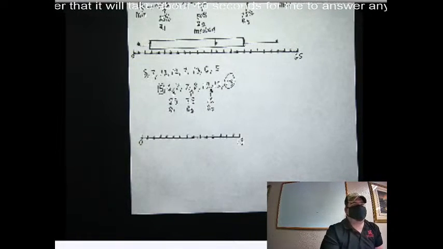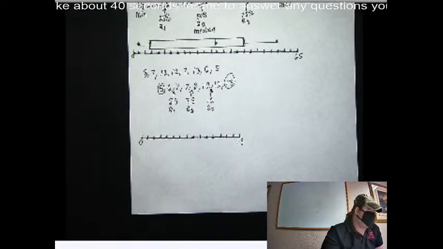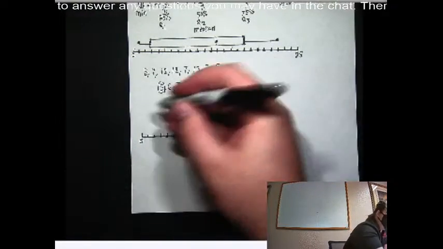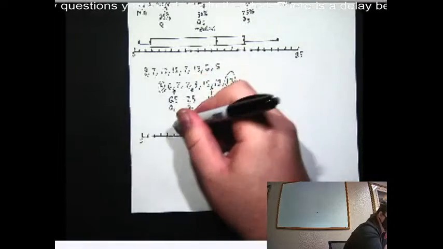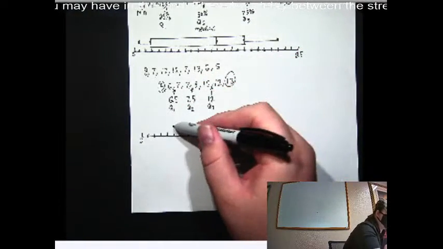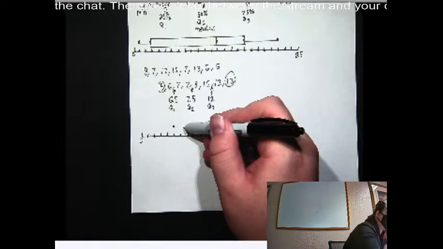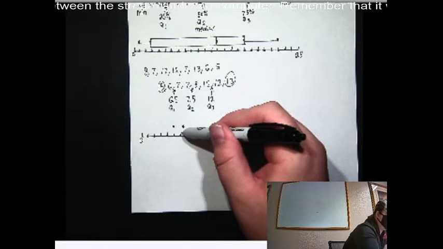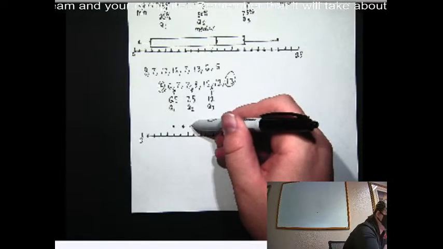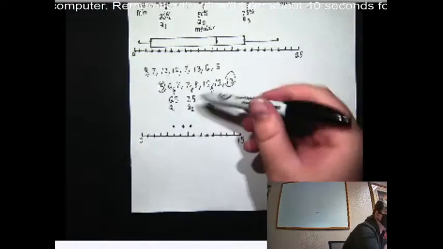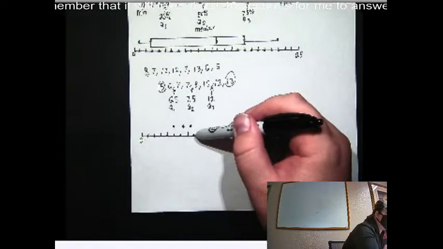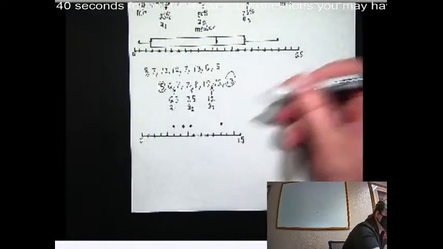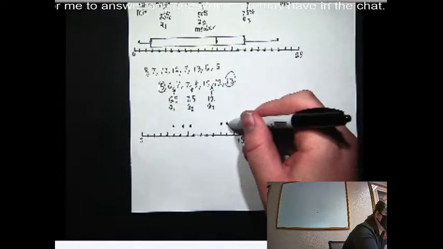Plenty of space for our box and whisker plot. Alright, so let's start plotting numbers. First number, 5. 1, 2, 3, 4, 5 is right there. Next we have 6.5, which will be right here. Next is 7.5. So 6, 6.5, 7, 7.5 is right here. Next is 12. 9, 10, 11, 12 is right there. And then 13 is right next to it.